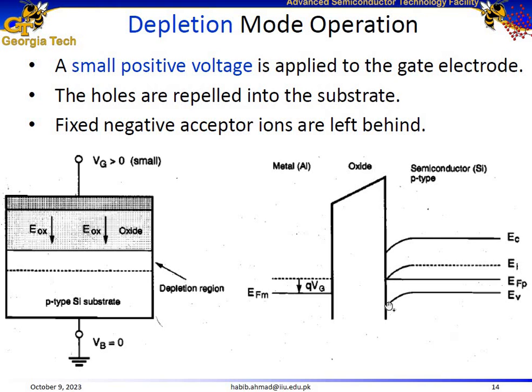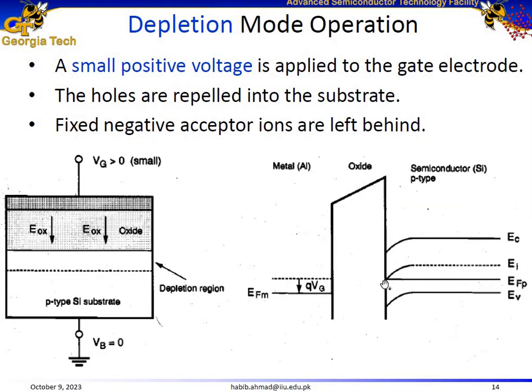But at the surface, we see that now the valence band is actually bending away from the Fermi energy level, indicating that here we have less number of holes as compared to the bulk region, right? And we can also see that effect in that the intrinsic energy level is actually coinciding with the Fermi energy level right here at the surface, right?